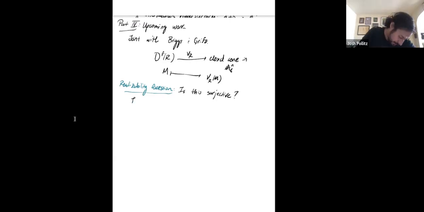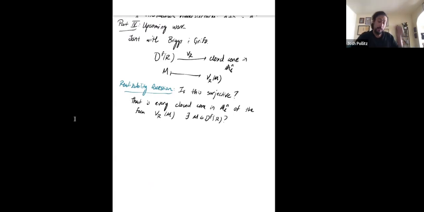That is, is every closed cone in affine n-space of the form V_R(M) for some complex with finitely generated homology? If you just restrict to modules, my earlier work already said that's not the case. And so, this support theory really is interesting on the whole derived category. So this is the natural question to ask.